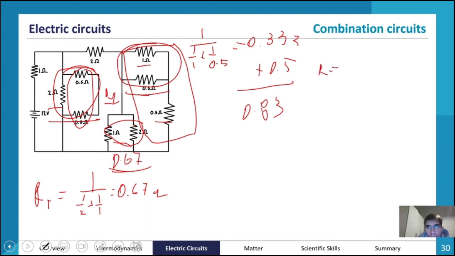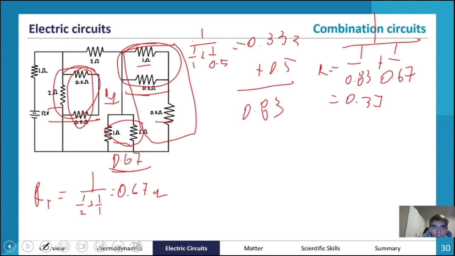So that would mean 1 on 0.83 plus 1 on 0.67. That would be 0.37. So this entire node here would simplify to 0.37.